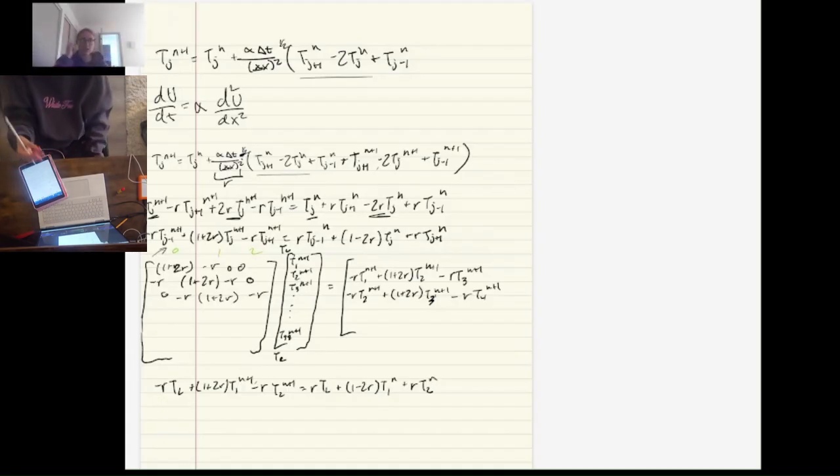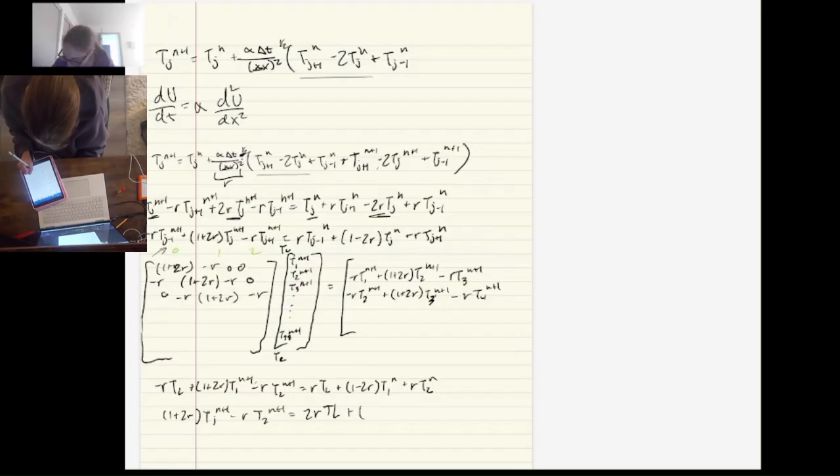And so let's combine like factors. So 1 plus 2R T1 n plus 1 minus R T2 n plus 1, then we have 2R TL plus 1 minus R T1 n plus R T2 n.